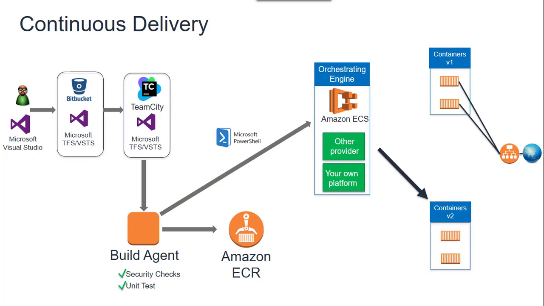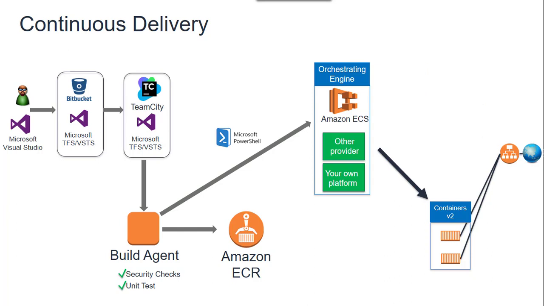In this case, version 2 is created. At some point, it's going to pass the load balancer health checks. Once it has passed the health checks, the load balancer is going to direct the new traffic to version 2 and then slowly decommission version 1 of the containers. After that, you have version 2 of your software running on Amazon ECS.